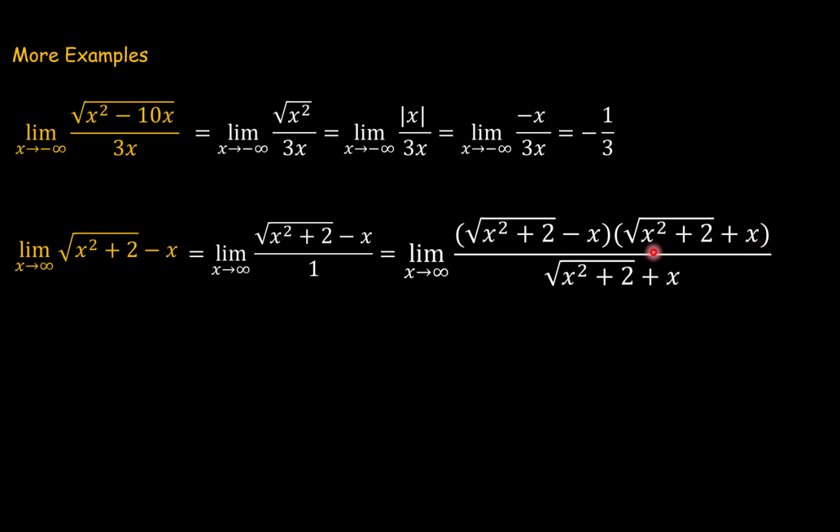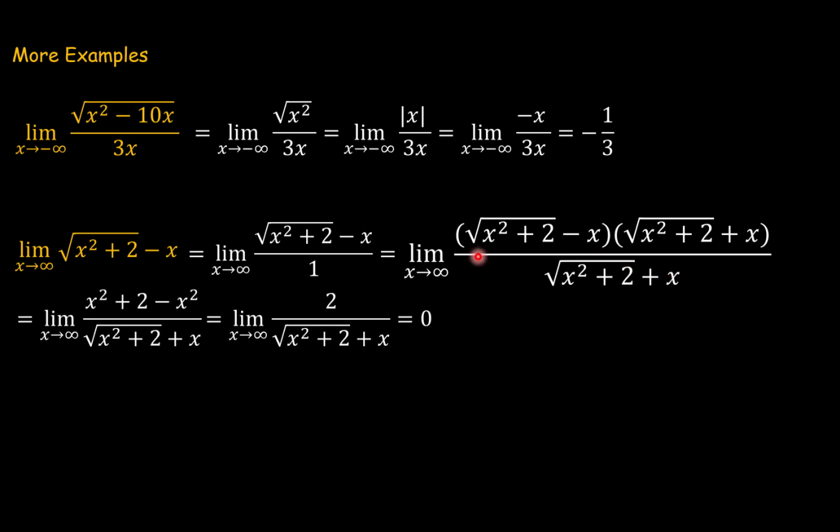Now here on the top, this is of the form a plus b times a minus b. And then apply the formula, that should be a squared minus b squared. In other words, it's the square root squared, which is x squared plus 2, minus b squared, which is just x squared. Okay, and we keep the bottom.